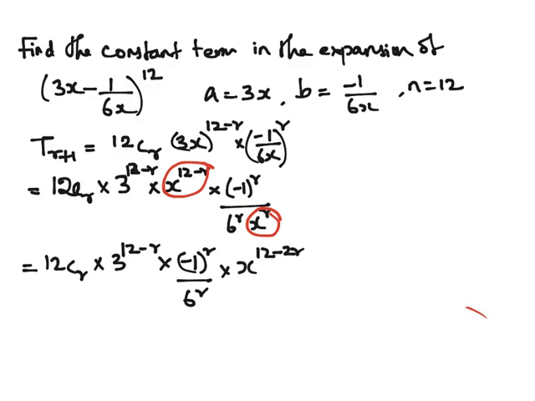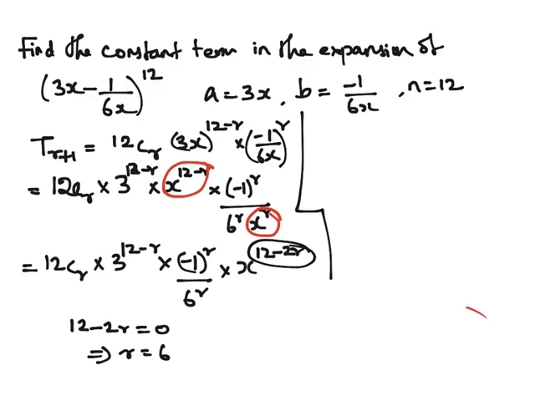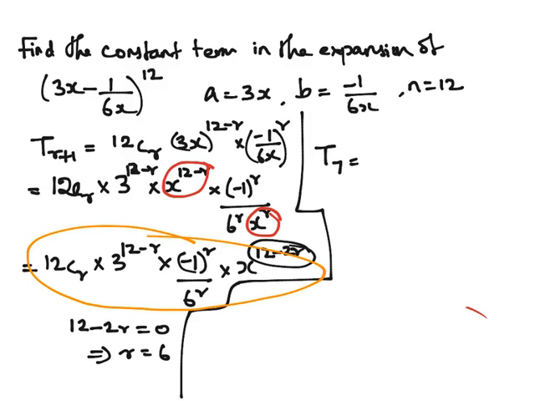Now since I need the constant term, there should not be any x term, so this 12 minus 2r should be equal to 0, which means r equal to 6. So basically it means that the seventh term will be a constant. So let me find T7. So here, as I mentioned earlier, in the last step you replace r with 6.